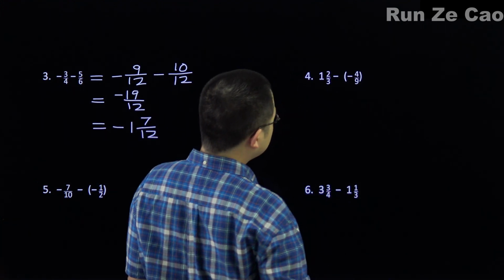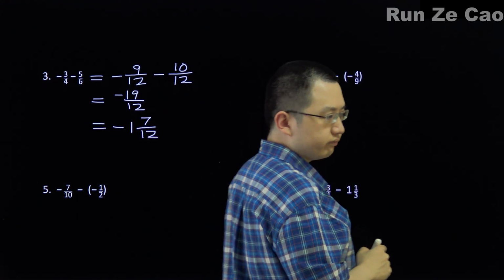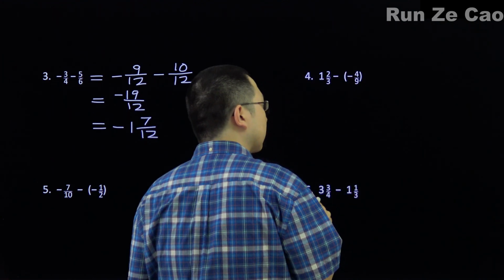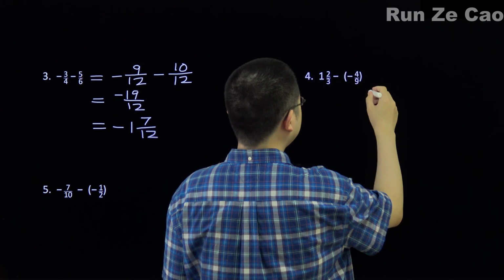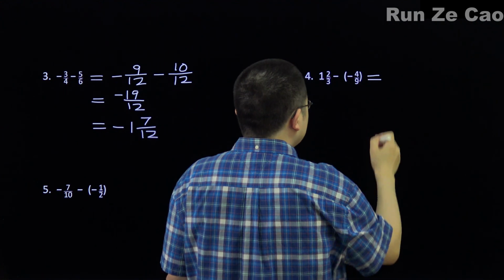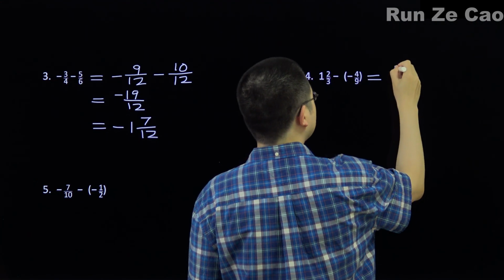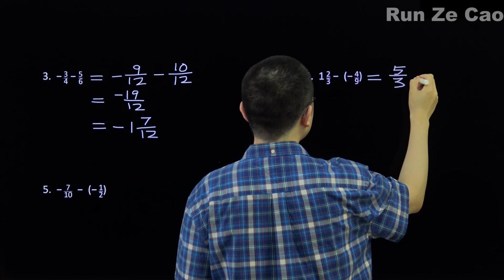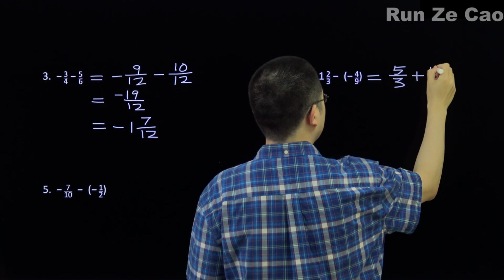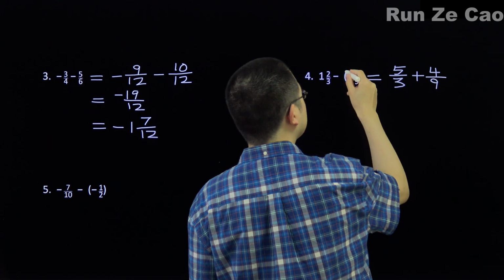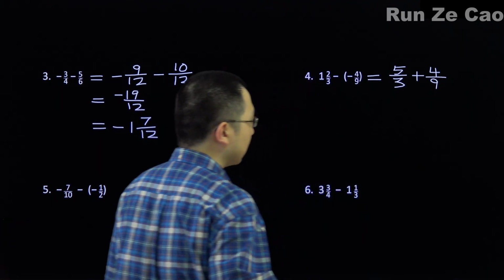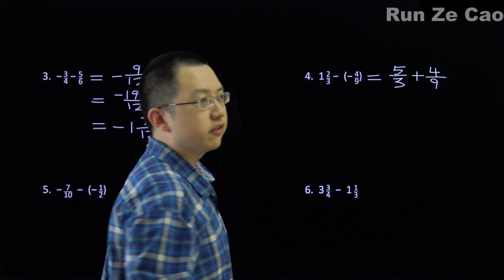Now for out of 3 versus out of 9, well, it's pretty obvious that the lowest common denominator is going to be 9. So first, you can decide to do this: 5 over 3 plus 4 over 9. In this case, we busted open the bracket, and because there was a negative in front, all the signs inside flip.